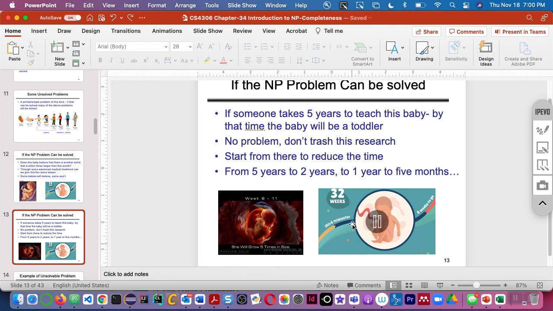Or does this baby believe that there is another world that is billion times larger than this world, this tummy? Do they know? We don't know, right? Maybe they know or they do not know.